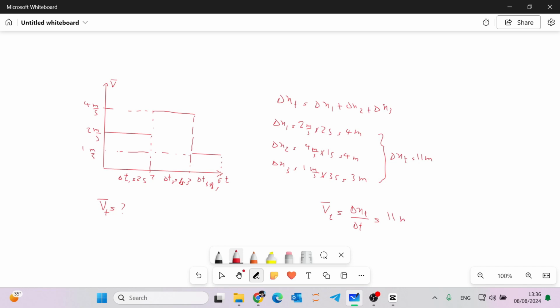So 11 meter per 1 plus 2 plus 3, which is 6 seconds. So it would be somehow 1.8 meter per second. So this is my total average velocity. Remember, what matters here is the displacement and the time it takes to be able to obtain average velocity.